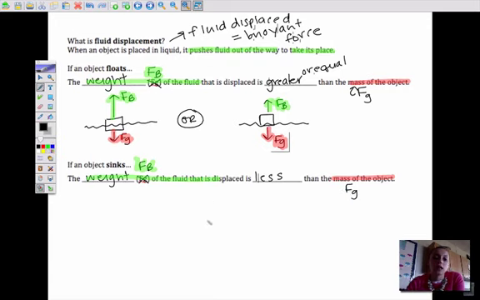So if we put our object in water and it sinks, that means that the weight of the object is going to be greater than the buoyant force, or the weight of the fluid displaced.